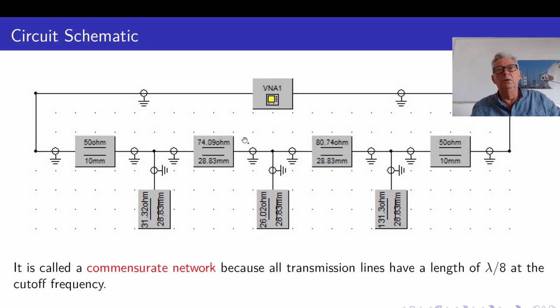and in the transmission line filter we use transmission lines of different characteristic impedances, and the whole filter is designed for a 50 ohm characteristic impedance, and all the filter elements here will have the same electrical length, which is just lambda over 8 at the cutoff frequency.